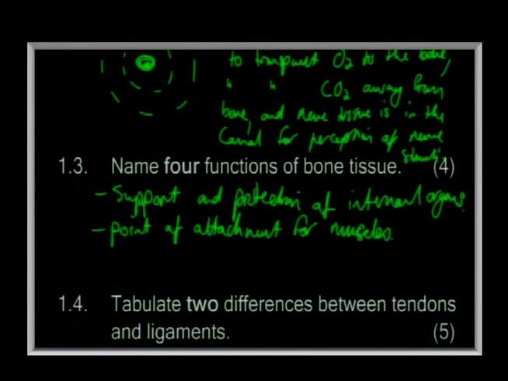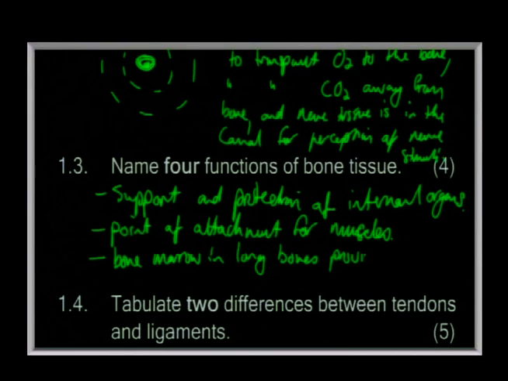Muscles. Okay. You've got the bone marrow in long bones, which provides blood, and that would be your red and white blood cells. Okay, and I've now run out of space here. 4 functions.